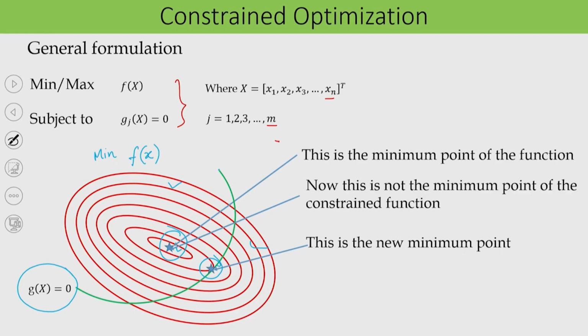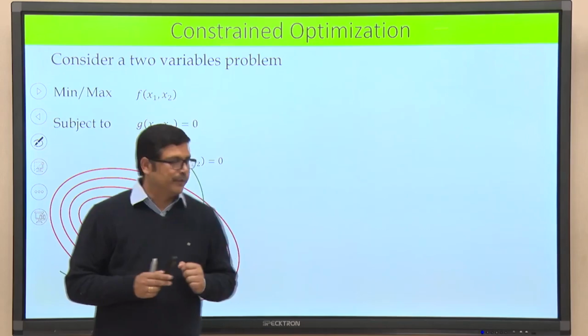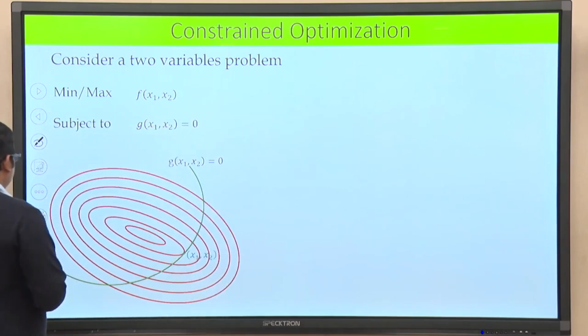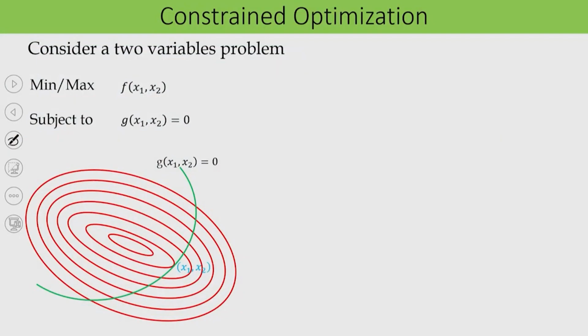Now, let us see how we can find the necessary and sufficient condition for optimality in the case of a constrained optimization problem with an equality constraint. So, let us take the same example problem. The only thing is that I am considering a two variable problem, just to introduce the concept.